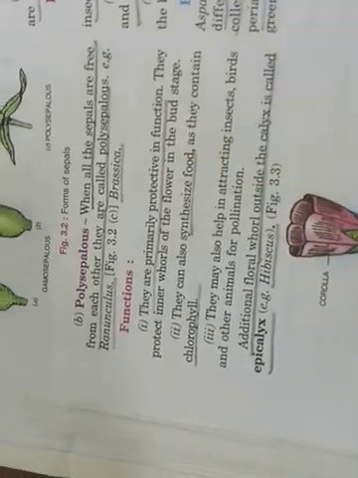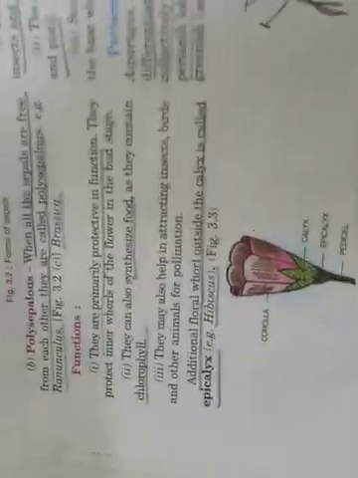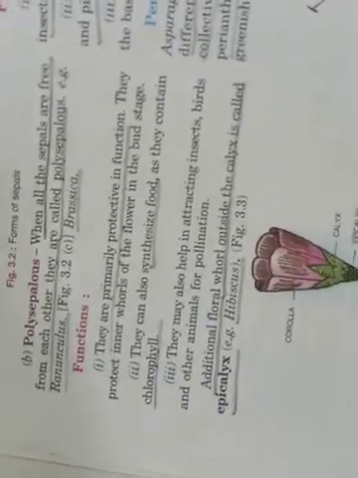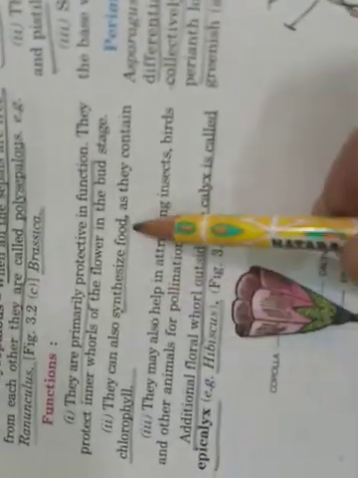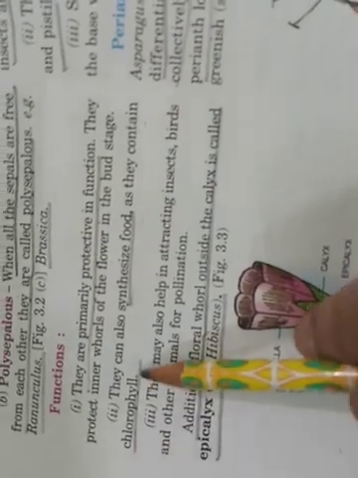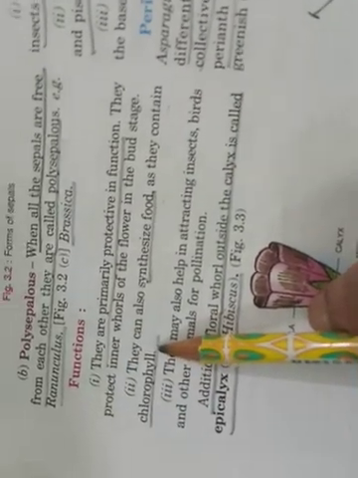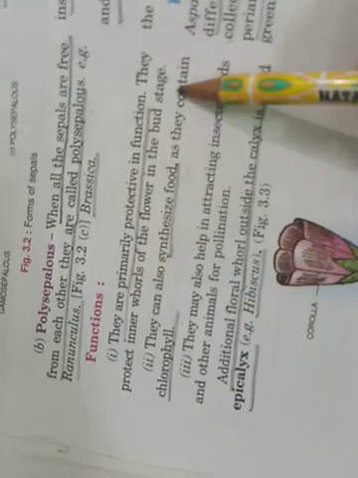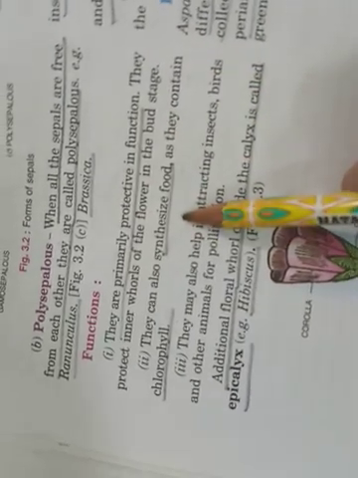It protects the flower, especially when the flower is in the bud stage, and it protects all the inner rolls of the flower. They can also synthesize food as they contain chlorophyll. As these sepals are green in color, they contain chlorophyll and synthesize food.